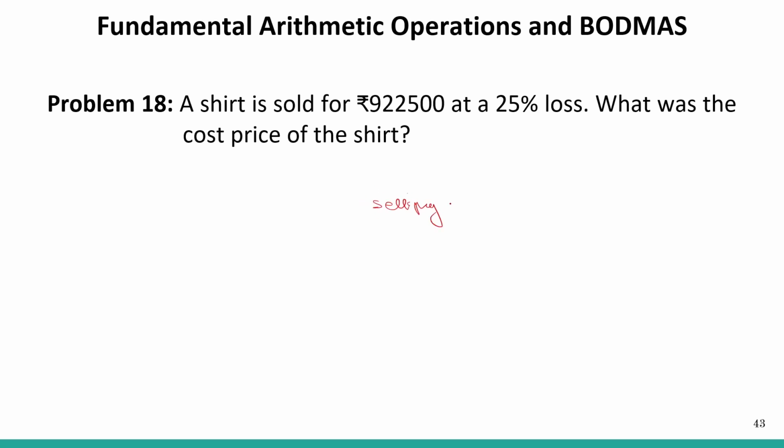Selling price is equal to original price minus discount. Original price is unknown, so let it be X. X minus discount, which is 0.25 into X, is equal to 922,500.